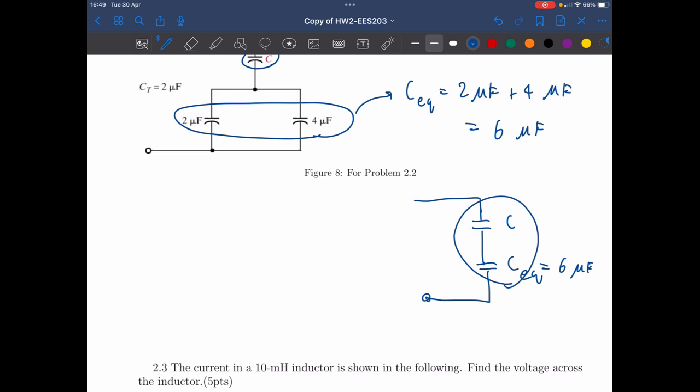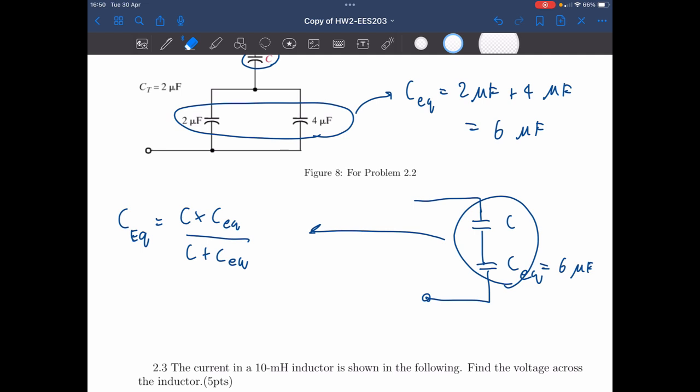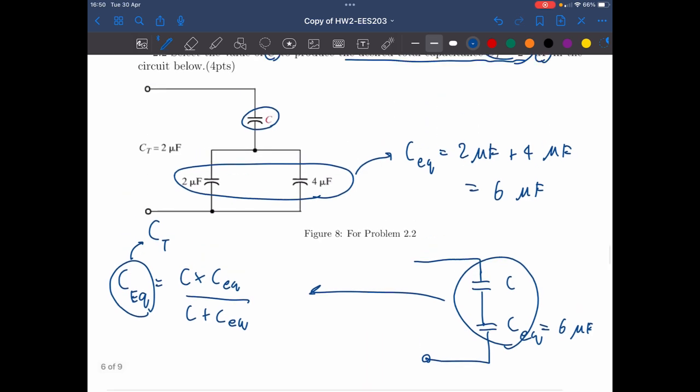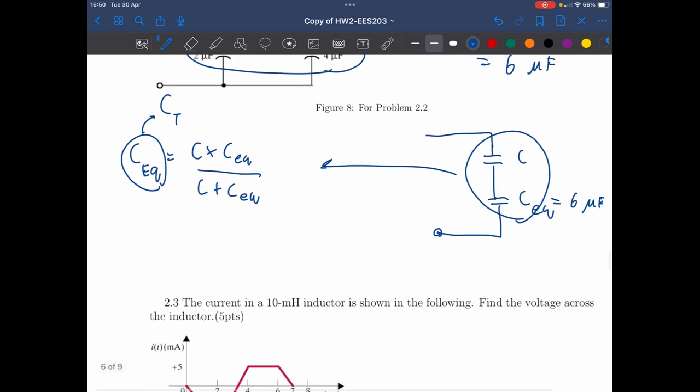To resolve this case, we need to use the series formula: C times the C equivalent, all divided by C plus C equivalent, which is CT, as you know, the desired total capacitance.